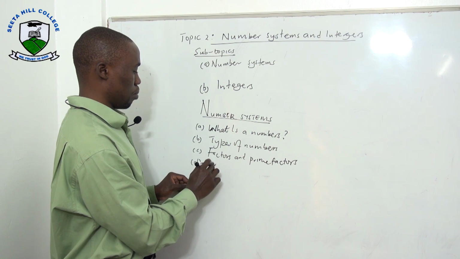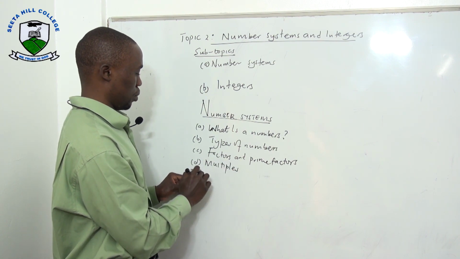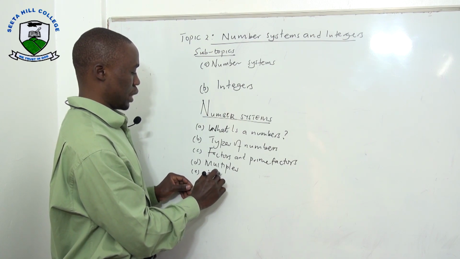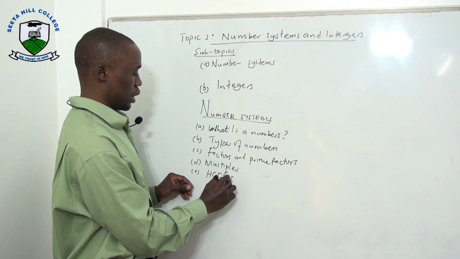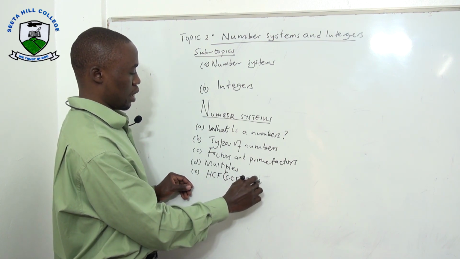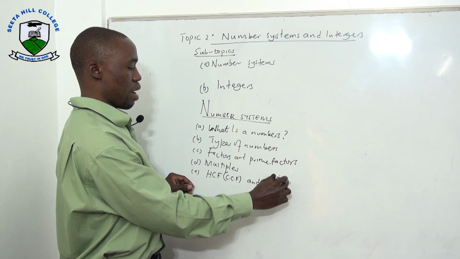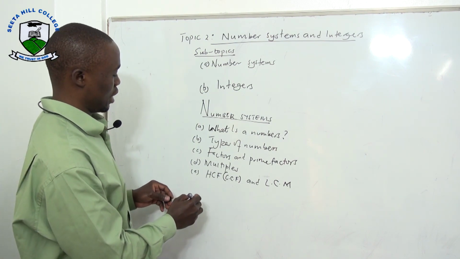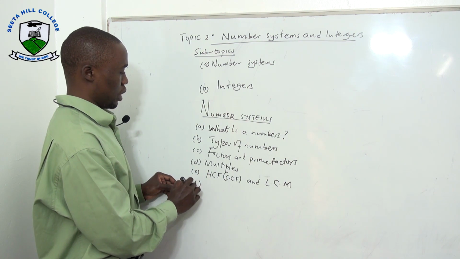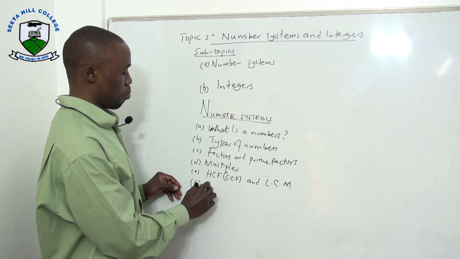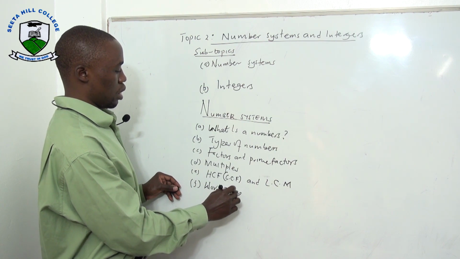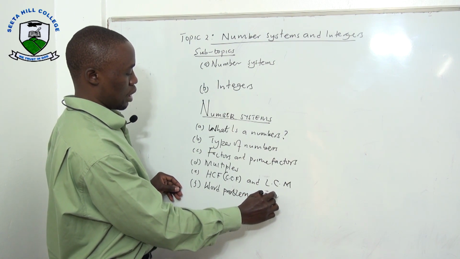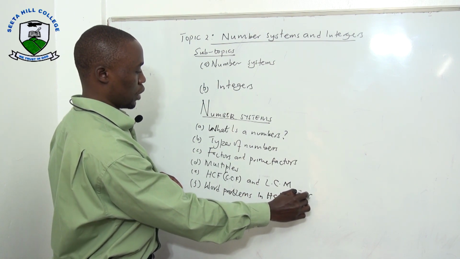Then we shall visit multiples. We visit highest common factor or greatest common factor. Then the lowest common multiple. The multiple is the lowest, the factor is highest. So now we shall also visit some word problems in HCF and LCM.